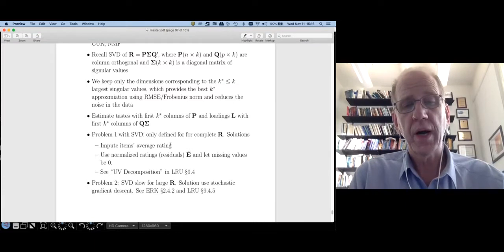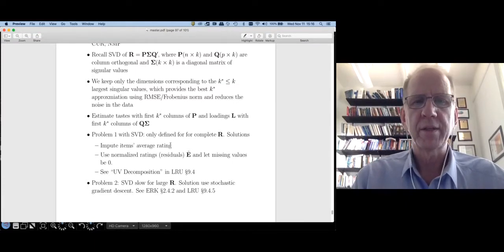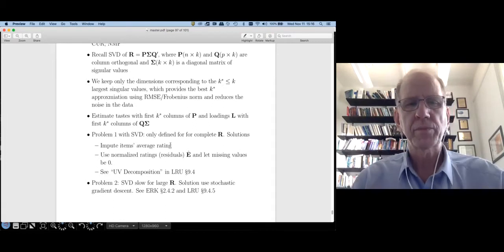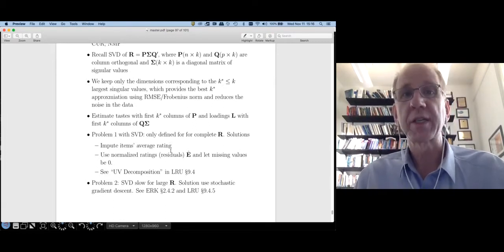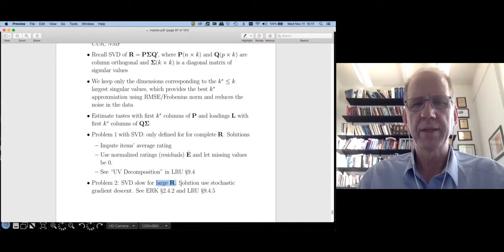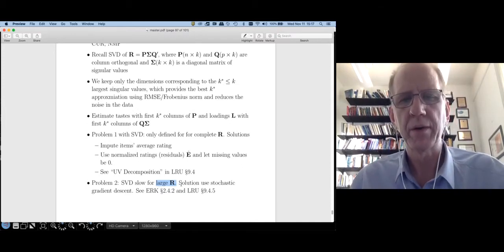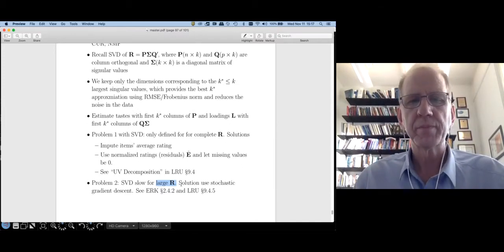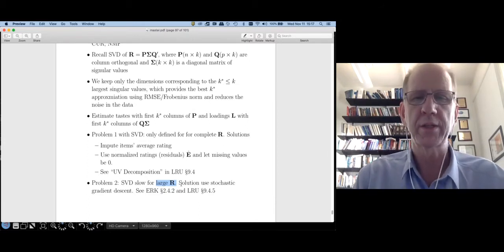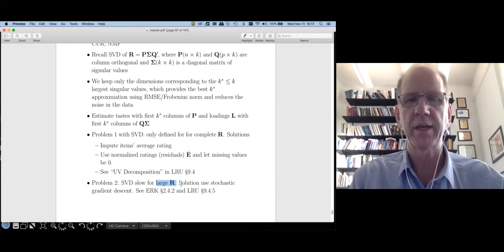Now, another problem that we're going to have is that SVD itself is not that easy to compute. And the estimation can take a lot of time, especially when you have a large rating matrix. So what's been proposed is a method that I'm not going to talk about in this class, but you may have encountered it in another one of your machine learning classes called stochastic gradient descent.